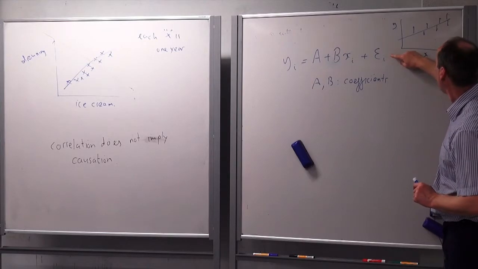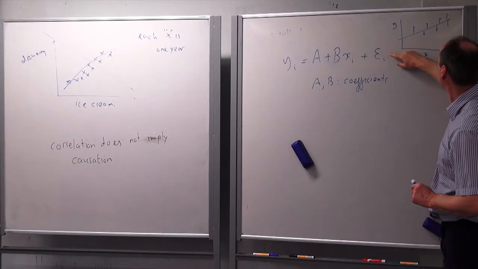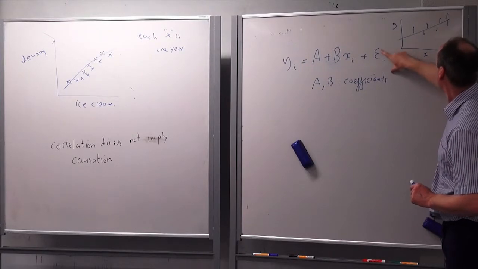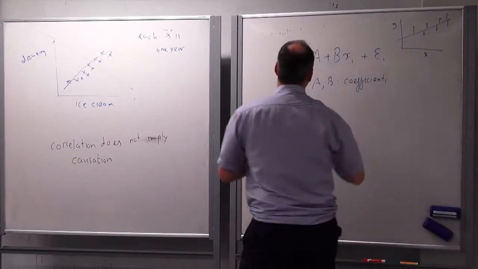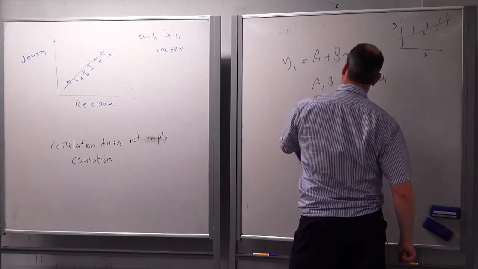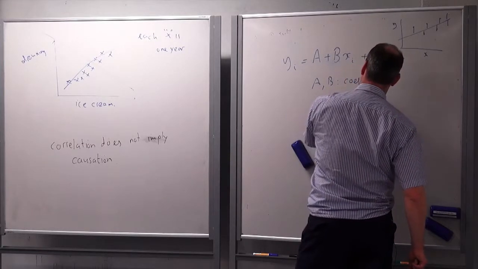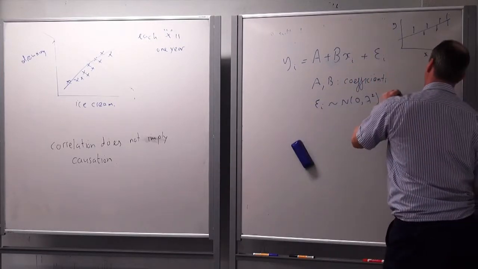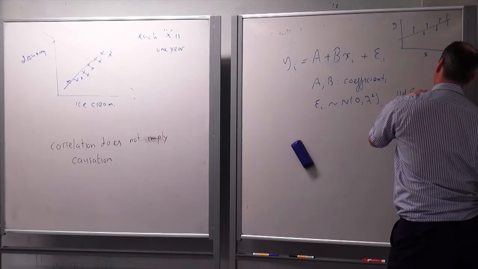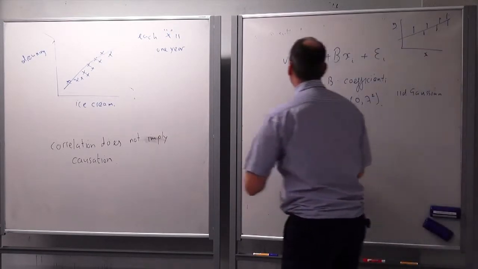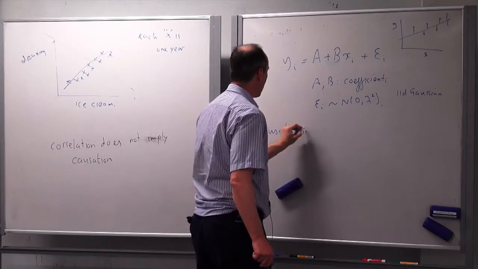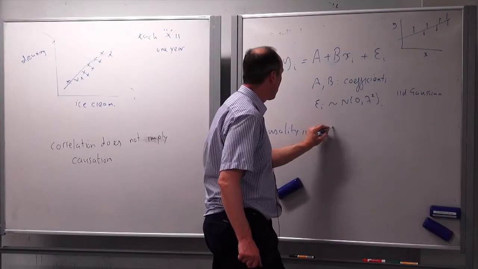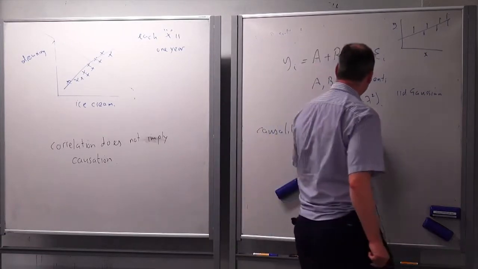You'll remember that the epsilons, the errors here, were identically Gaussianly distributed. Epsilon i was IID Gaussian. So causality is built in to this equation.